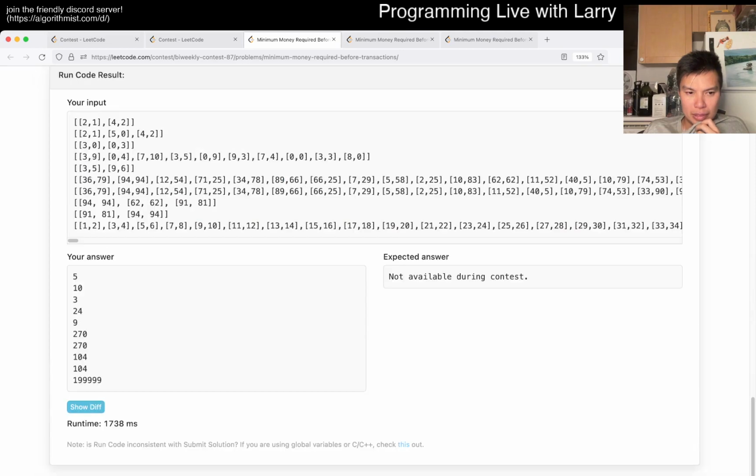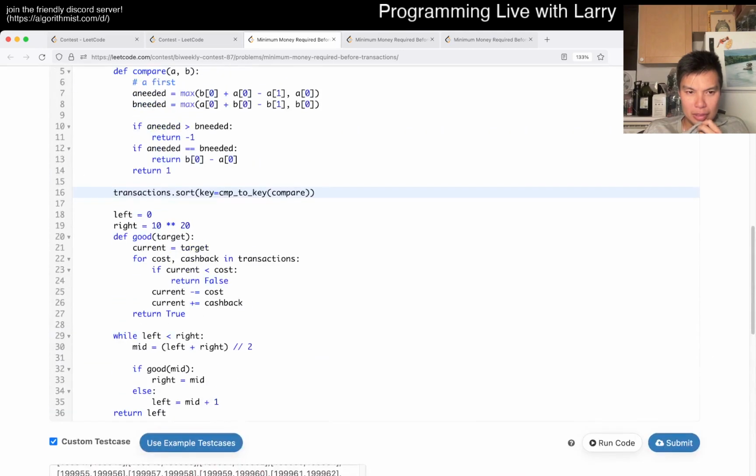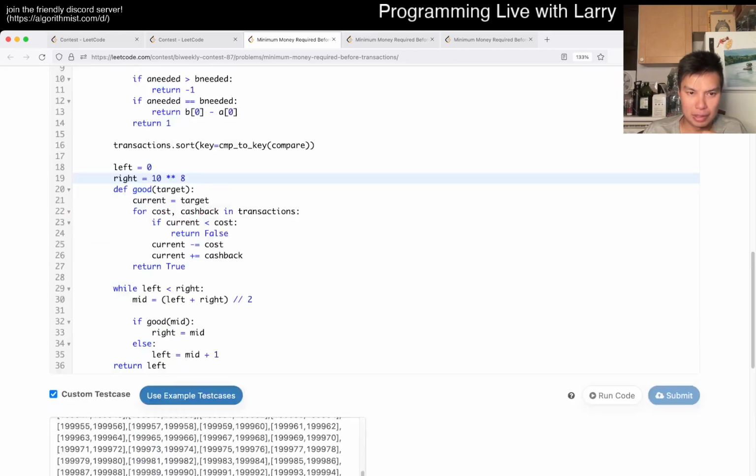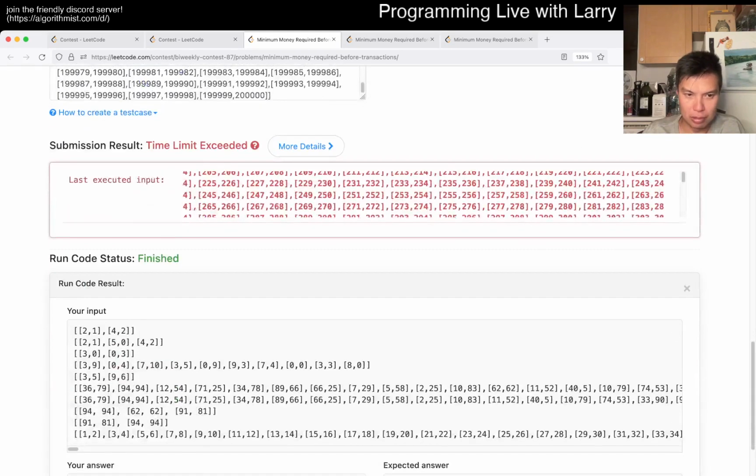What is the answer on this one? Okay. So I guess we don't need this to be that big. Oh wait, this is 10 to the 9, right? So there's no way, that'll be definitely too small. 10 to the 13 maybe.